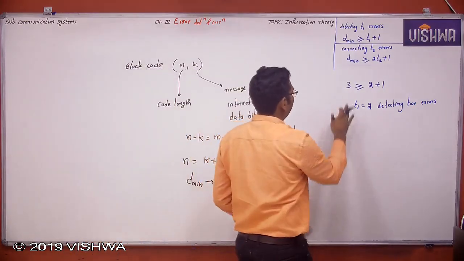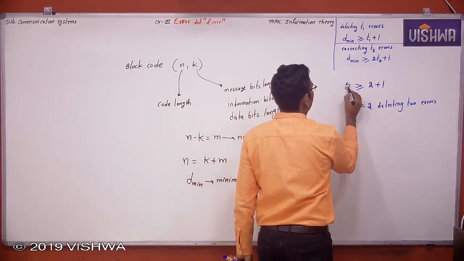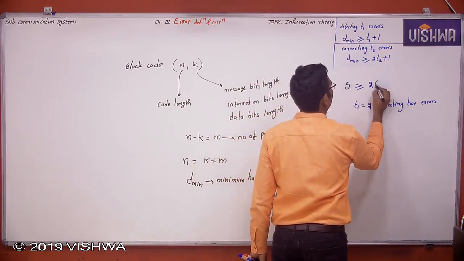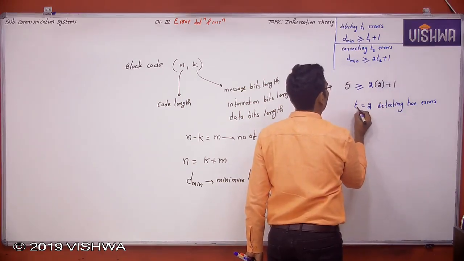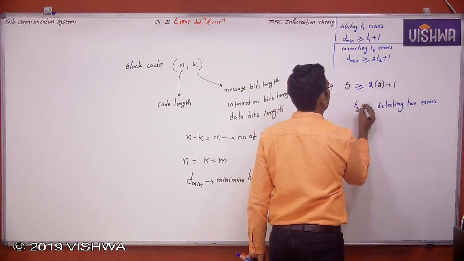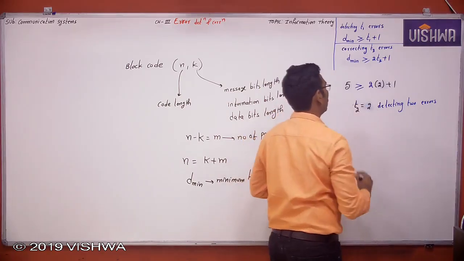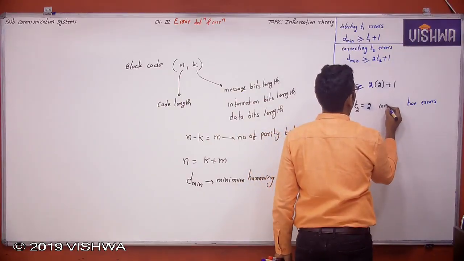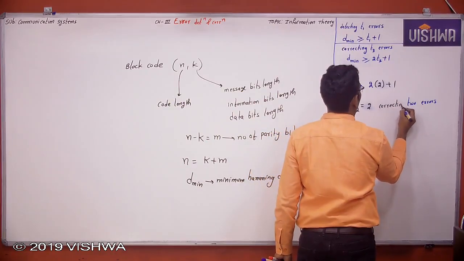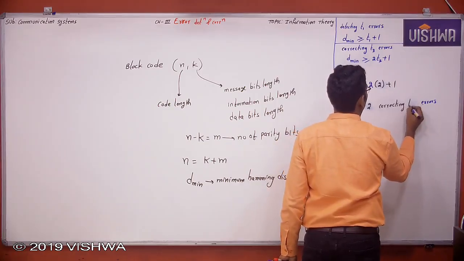For example, if the minimum Hamming distance is 5, so now t2 is equal to 2. Now correcting two errors.